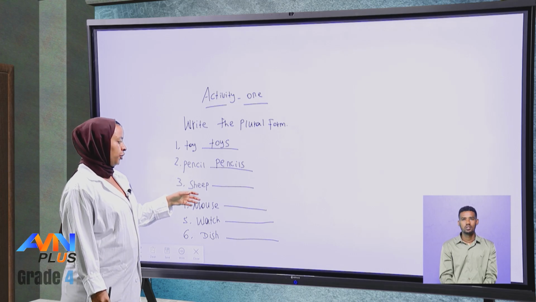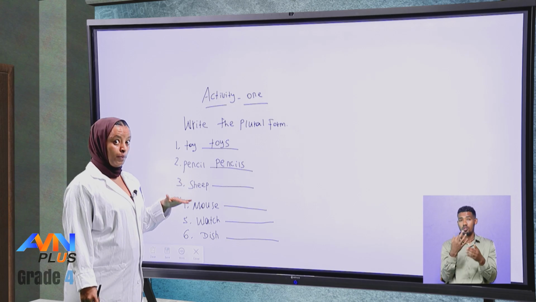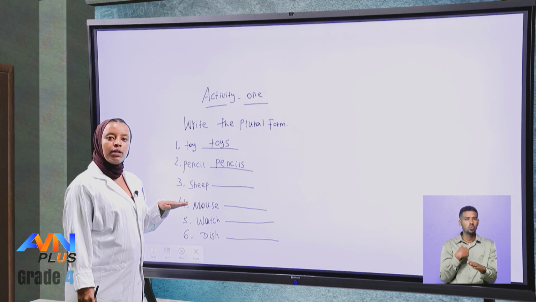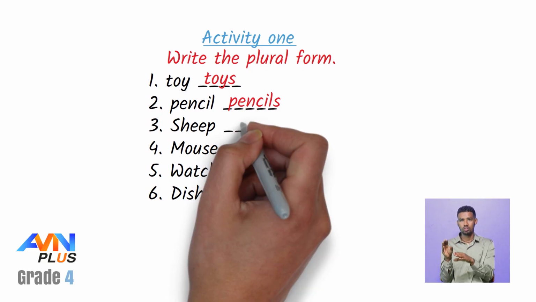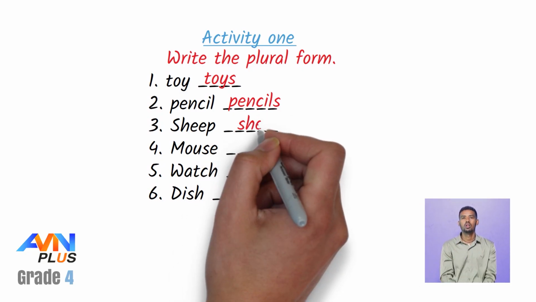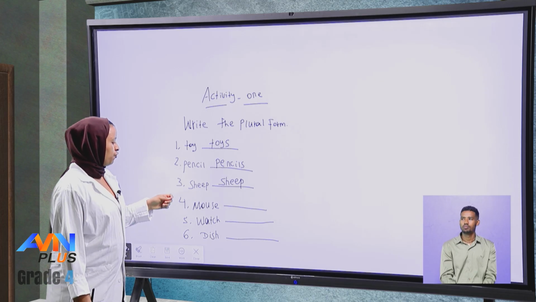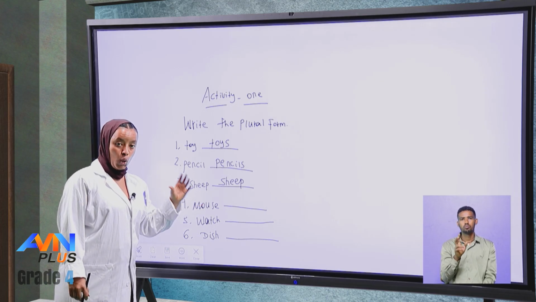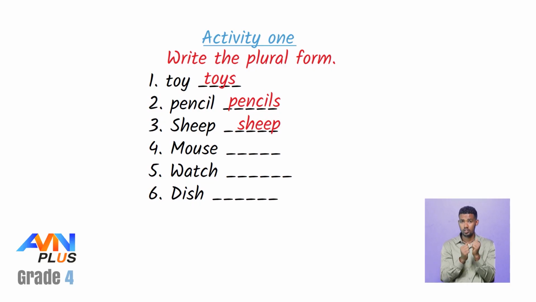Here is sheep. This is an irregular form. As I gave you this example before, we don't change it at all. We just take sheep, sheep. Here is 4, mouse, also an irregular form. Change with what? Mice.